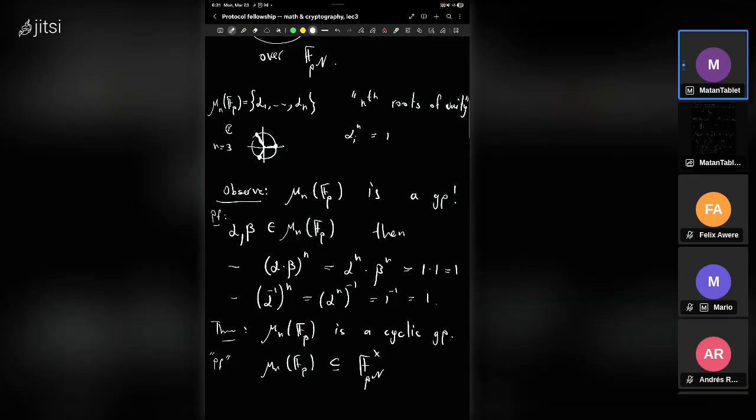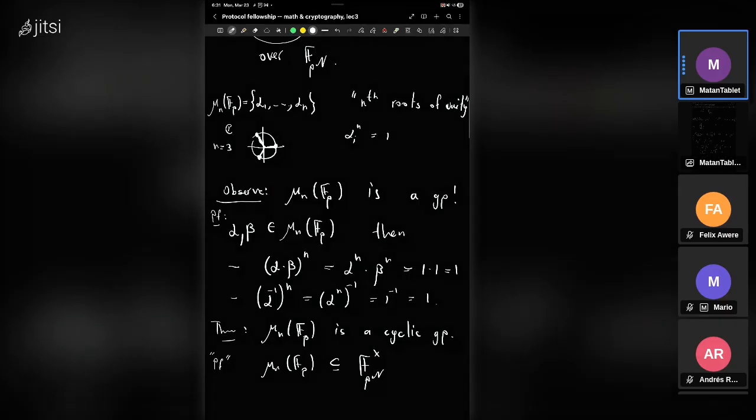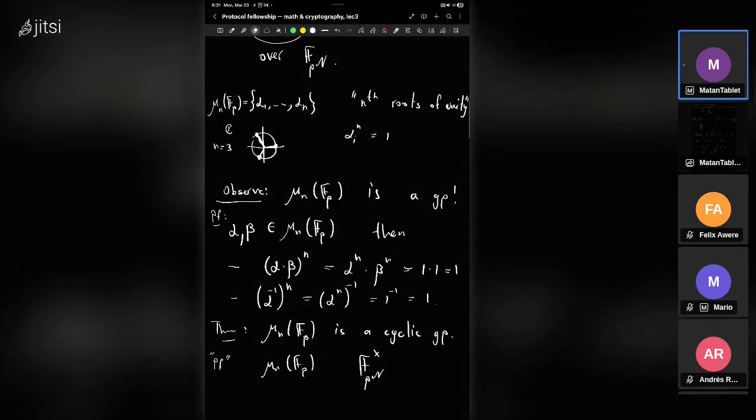And the multiplicative group of any finite field is a cyclic group. This is kind of a big theorem. And a subgroup of a cyclic group is cyclic.